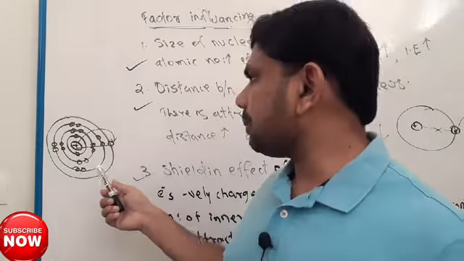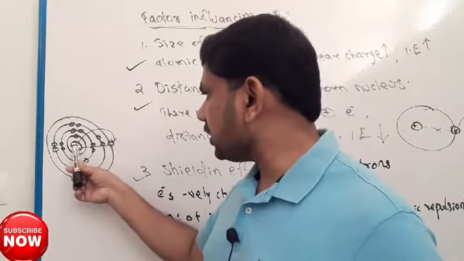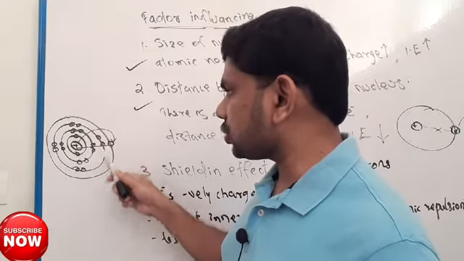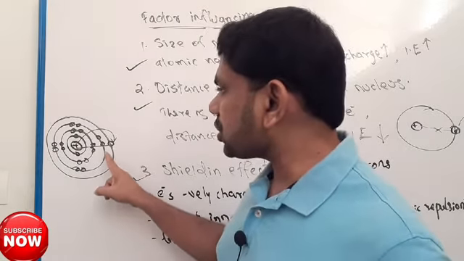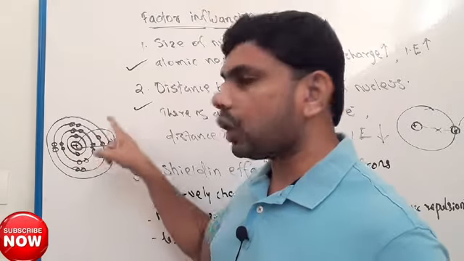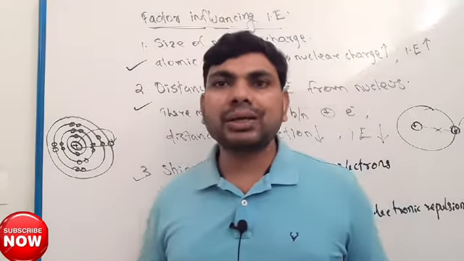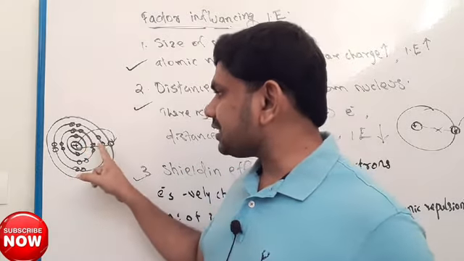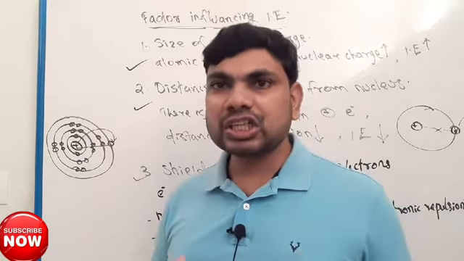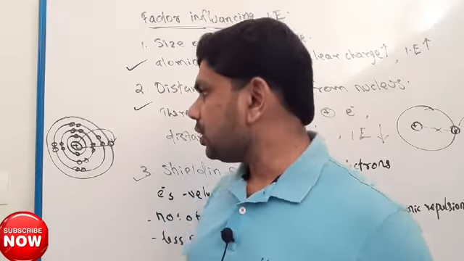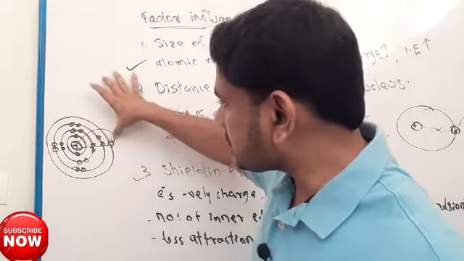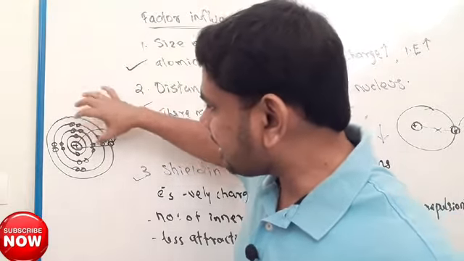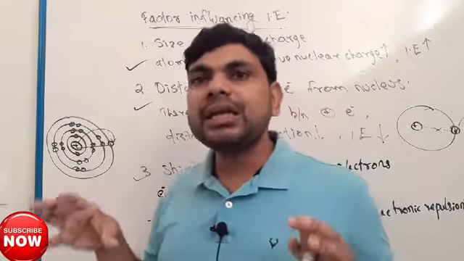Imagine this is one atom, this is the nucleus and this is the outer shell electron. Between the nucleus and the outer shell electron there are many orbits. These orbits are called inner orbits or inner shells, and electrons present in inner shells are called inner shell electrons. Between the outer shell electron and the nucleus there are many orbits and many electrons.